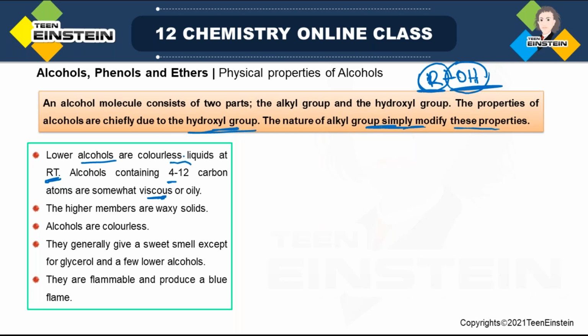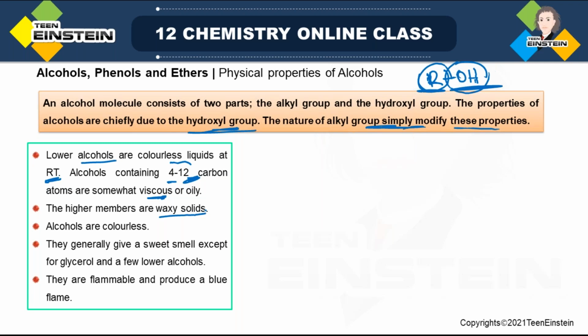If you see from far, it is just like water. But when you increase the carbon number, it becomes viscous, more dense, oily in nature. And if you have 13 or 14 carbon, that is greater than 12, now they will be waxy solids.